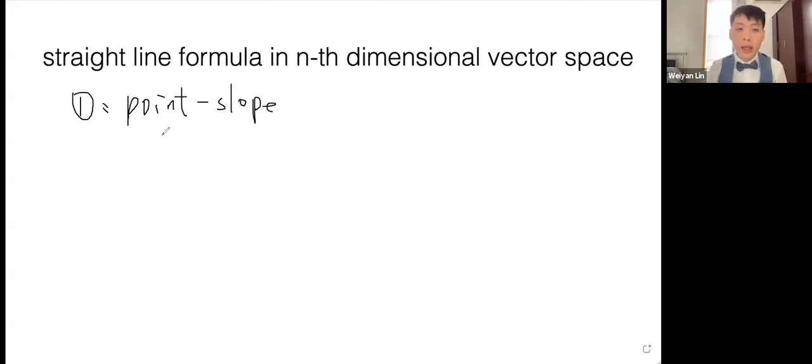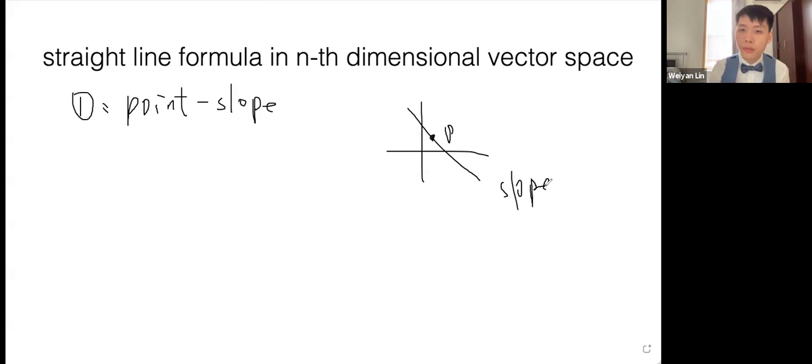And then it tells you what point the line passes through, and that's enough information. So this is the point P, and then the slope here. These two pieces of information are enough for you to obtain the formula for the line in the XY plane.